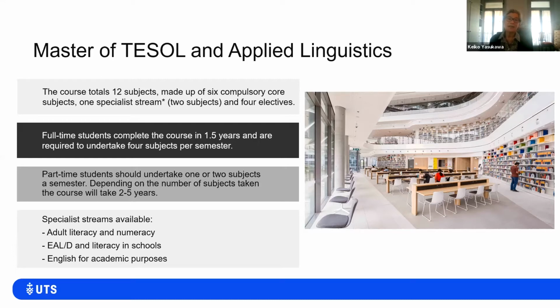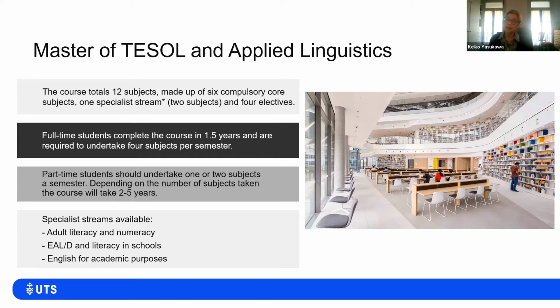One stream is in the adult literacy and numeracy area. This is teaching English language, literacy, and numeracy to adults in the adult education sector, typically in Australia. Then there's the EALD and literacy stream.